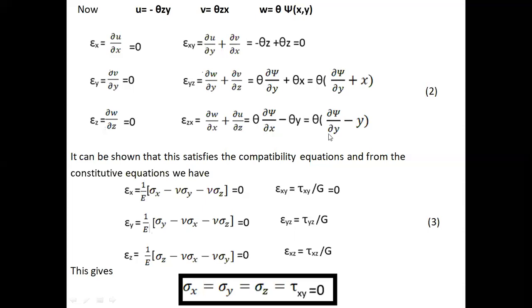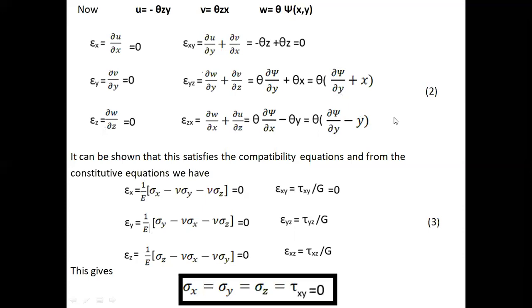So take theta out, and within the bracket we have del psi by del x minus y. So out of 6 strain components, we have only 2 non-zero strain components. Epsilon yz is theta times del psi by del y plus x, and epsilon zx is theta times del psi by del x minus y. I think it will be easy for you if you remember the form of this equation.